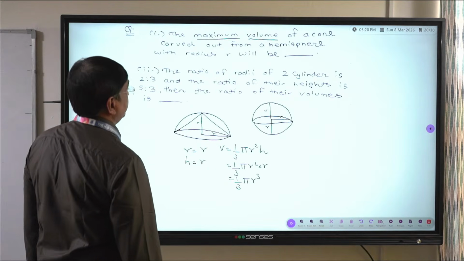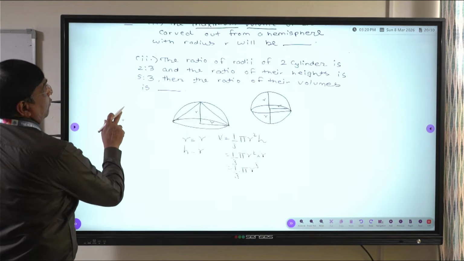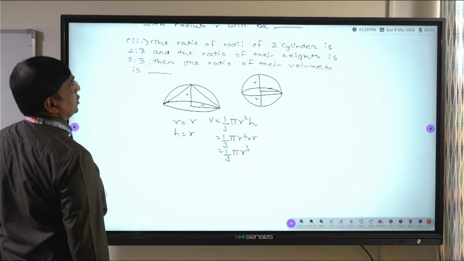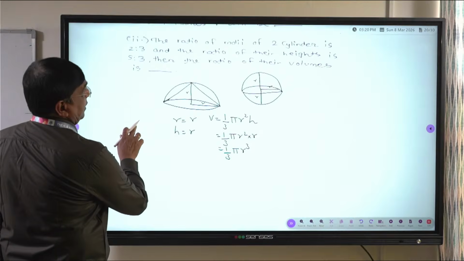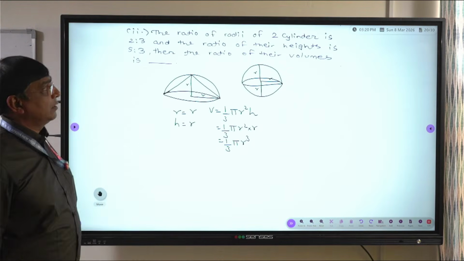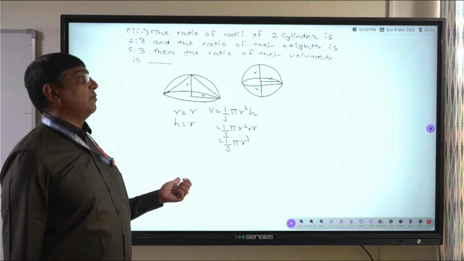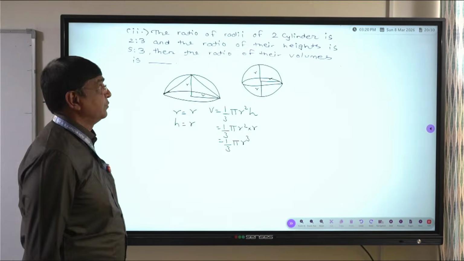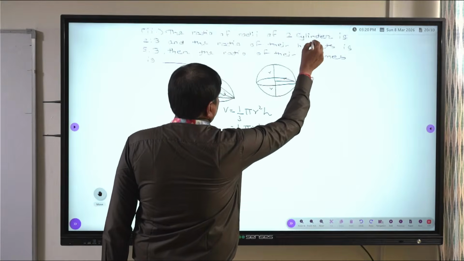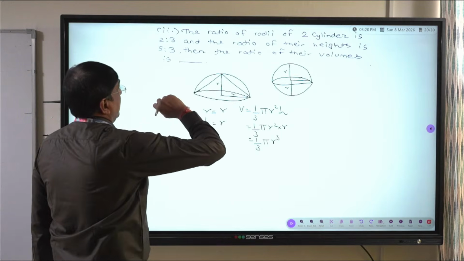Next question. The ratio of the radii of two cylinders is 2:3 and the ratio of their heights is 5:3. Find the ratio of their volumes. Again 1 marker or 2 marker question. तो सिलेंडर का हमें फाइंड करना है.